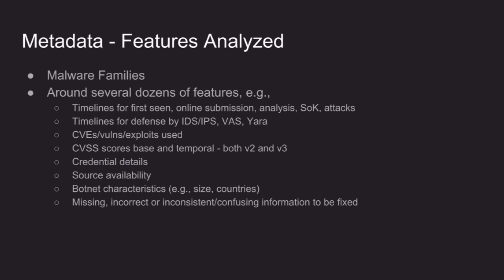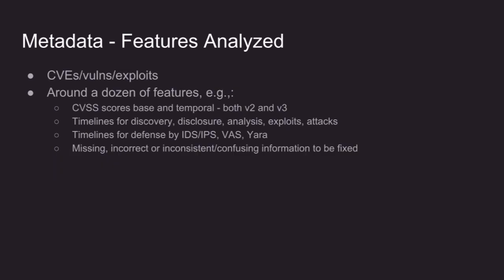We collect the CVSS scores associated with vulnerabilities or CVEs abused by each family. Source code availability, and of course we have to keep an eye on and collect the missing, incorrect, inconsistent, or confusing information which appears in different reports related to the same IoT malware. We'll go into some of these details in case studies to show that it's really not straightforward to put all the pieces together in some cases.